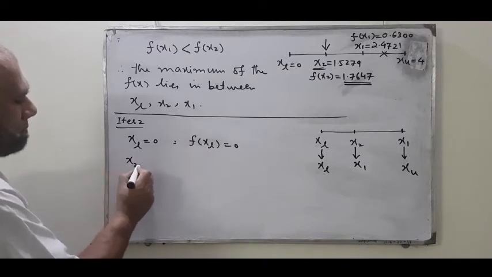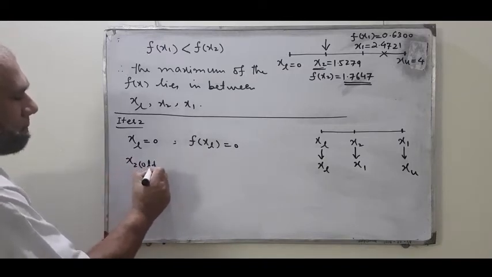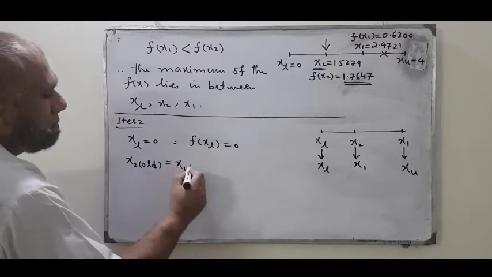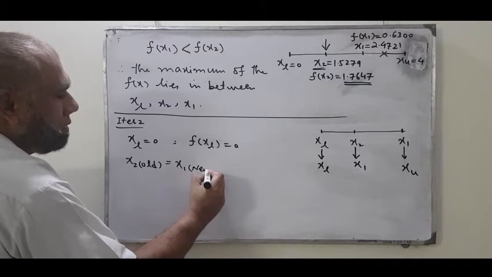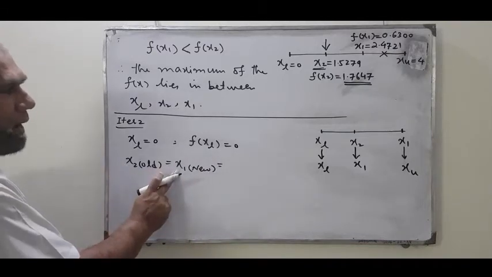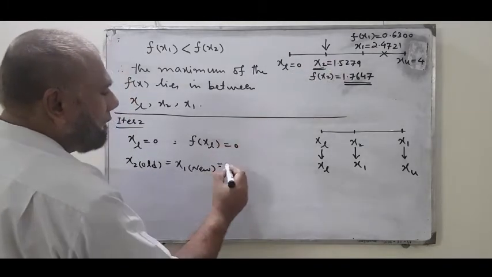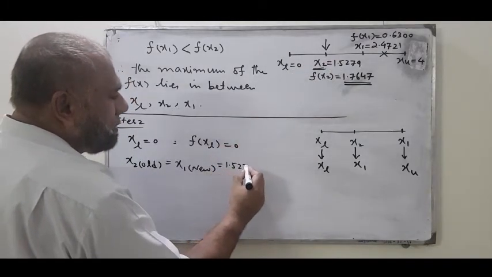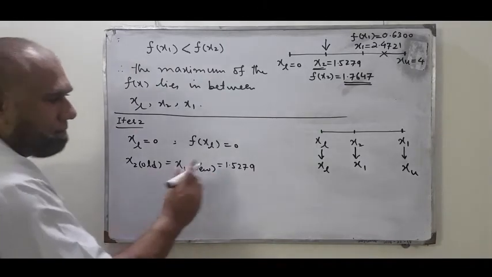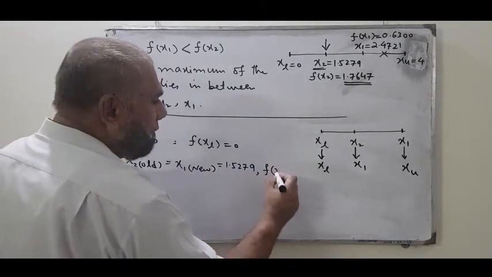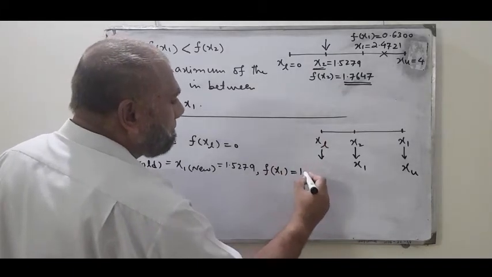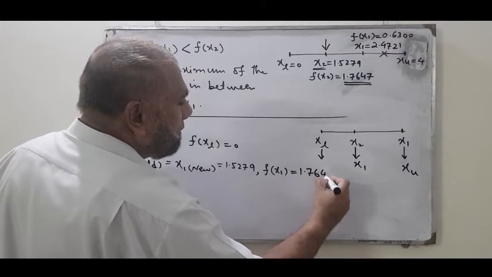x2 old will now be changing into x1 new. So here you should be a bit careful that x2's value now goes under x1. So x2 is equal to 1.5279. So now it is playing the role of the value for x1. And the corresponding value of f(x1) will be 1.7647.